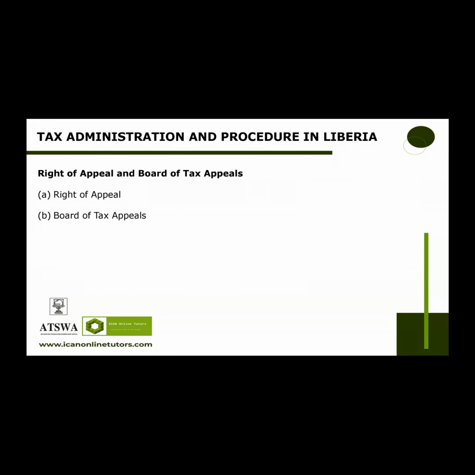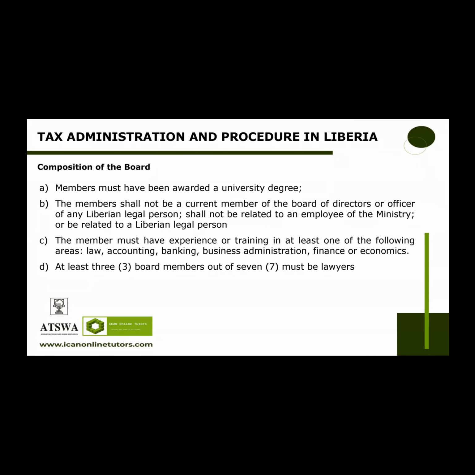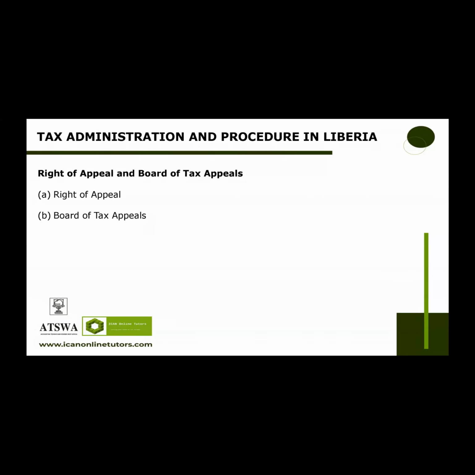So now let's look at the right of appeal and the Board of Tax Appeals. Now, for the right of appeal, a taxpayer has the right to appeal a determination of the minister to the Board of Tax Appeals, provided that the taxpayer first pays the tax due or provides a bond or other security for payment.